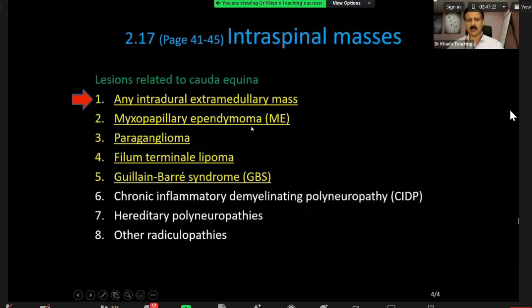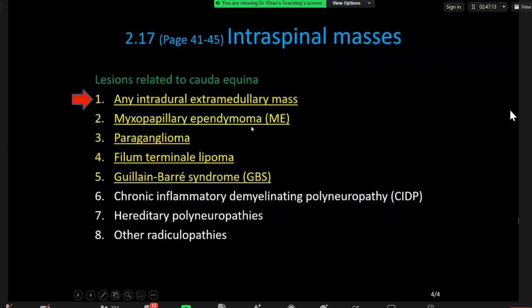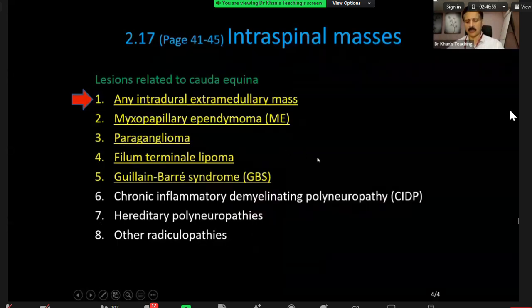We have added a new differential this time, and cases have come in the exam from this one. These are lesions related to the cauda equina, so lumbar spine level, and things like Guillain-Barré, chronic inflammatory demyelinating polyneuropathy, and others. I'll show you cases from this territory.